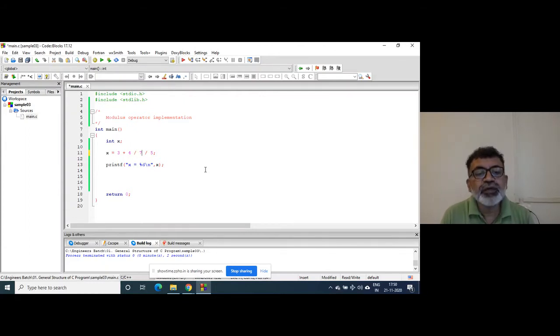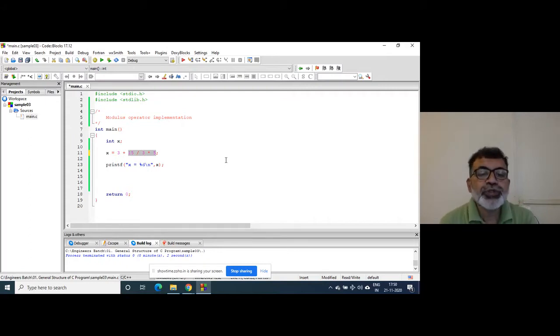But suppose this is like this: multiplication and then division and then multiplication. And suppose this is 15 and this 3. So what would be the answer? 15 divided by 3 multiplied by 5.